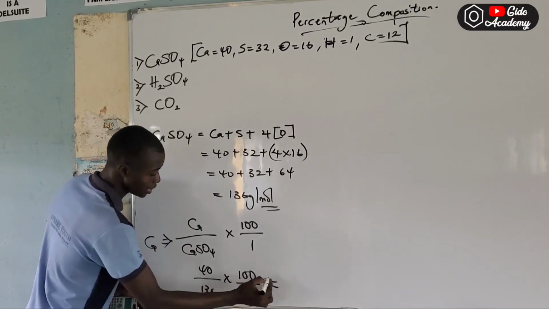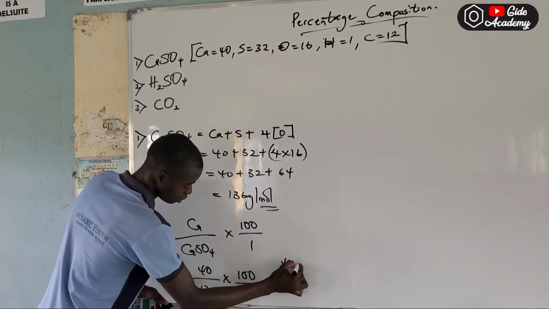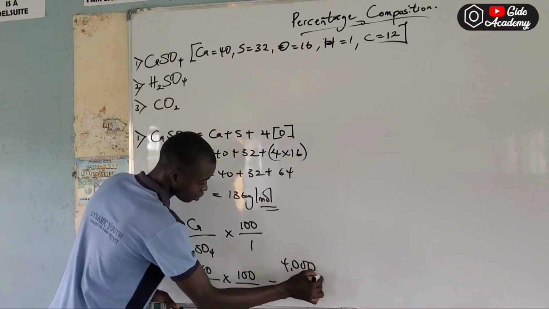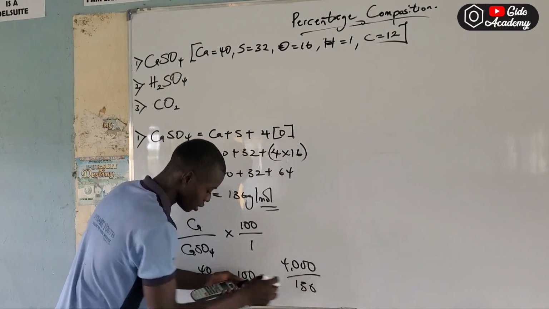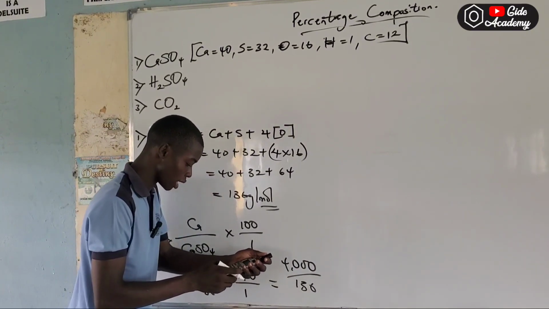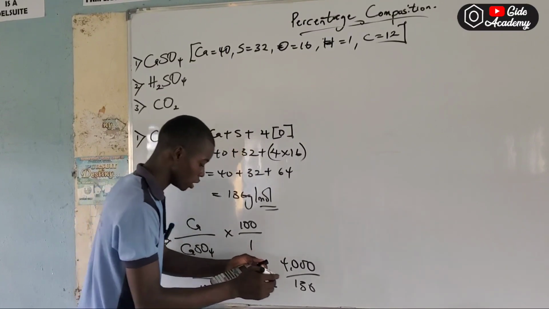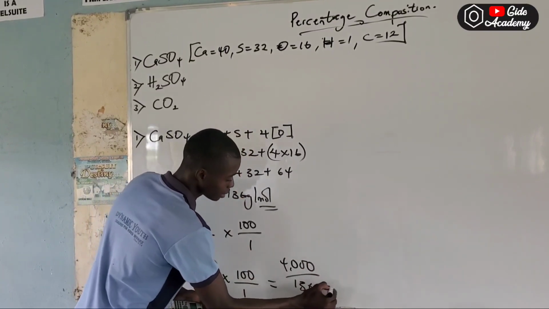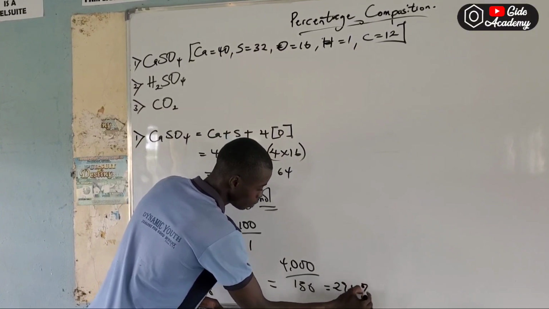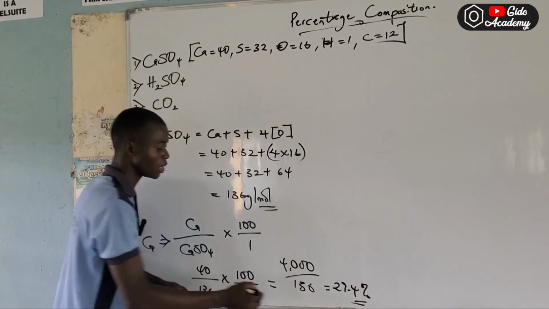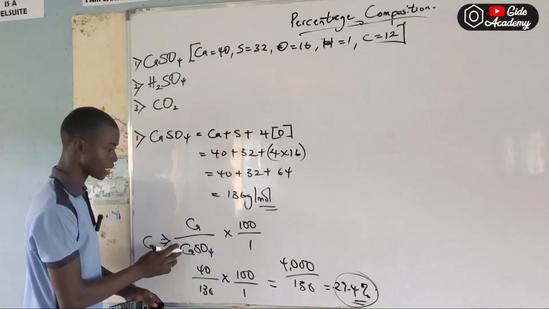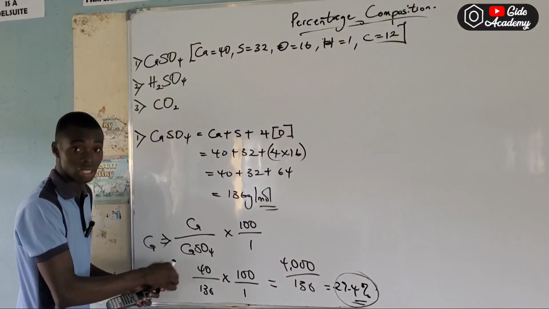If you multiply this, you are going to have 4,000 all over 136. 4,000 divided by 136, I'm going to have 29.4. So my answer is 29.4%. This is the percentage of calcium that is present in this compound.